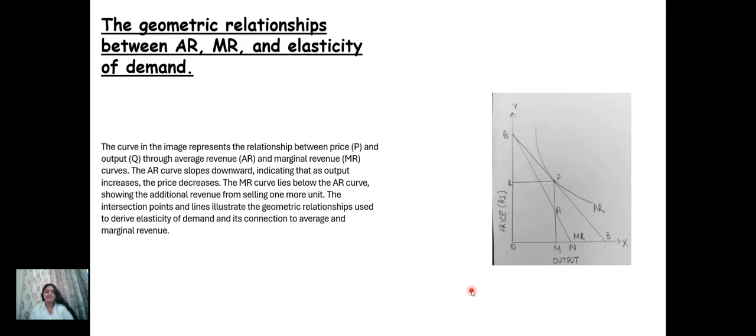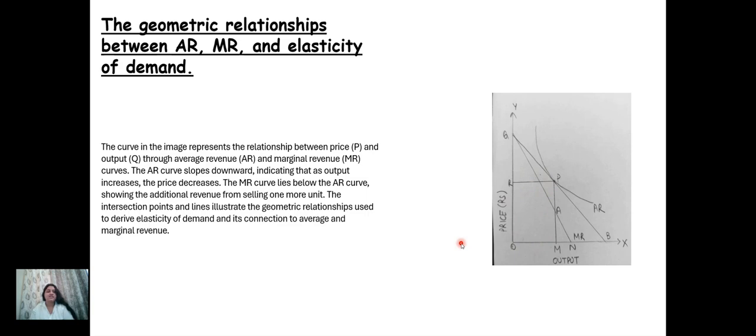This curve is about the relationship between the average, marginal and elasticity of demand. You can see this line is slightly declining, and this is a rectangular form, points O, M, P and R. You can see that the AR curve slopes downward, output is increasing and the price is decreasing.